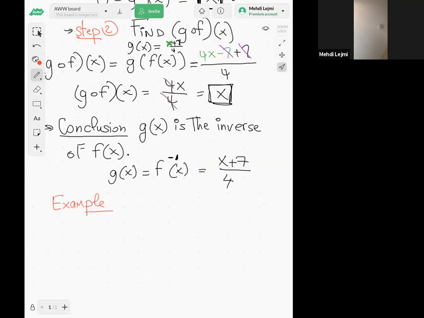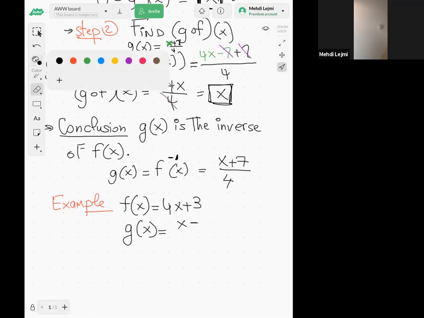All right, so let's say f of x is, let's say 4x plus 3, all right? And g of x is x minus, let's say, x minus 3 instead of 4. So let's say minus 3 over 2.